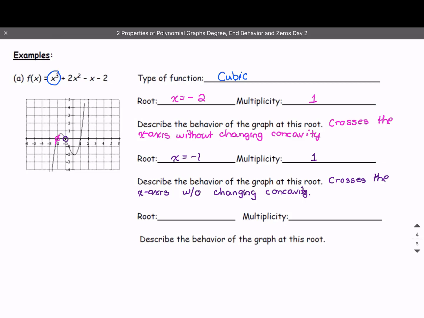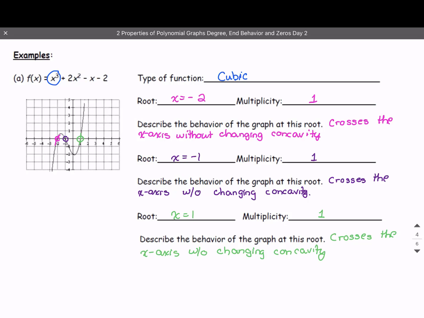And we're going to do one more. The next root is at positive 1. And again, the curvature of the graph or the concavity is not changing. So it's a root of multiplicity 1 because the graph crosses the x-axis without changing concavity.